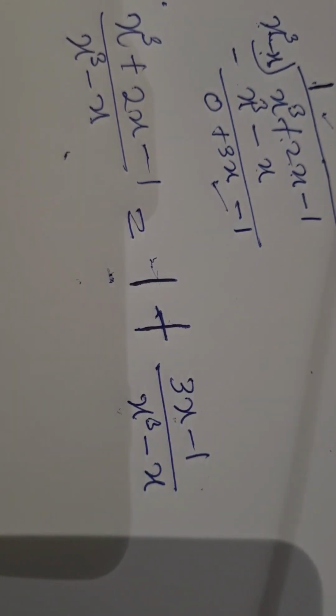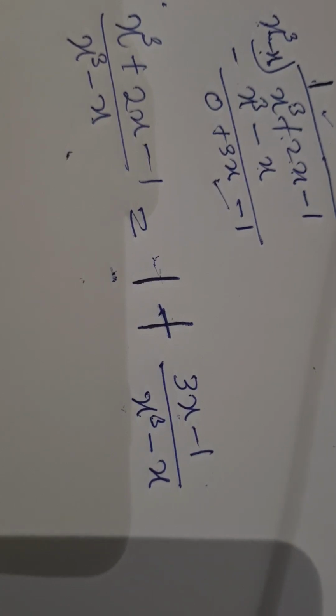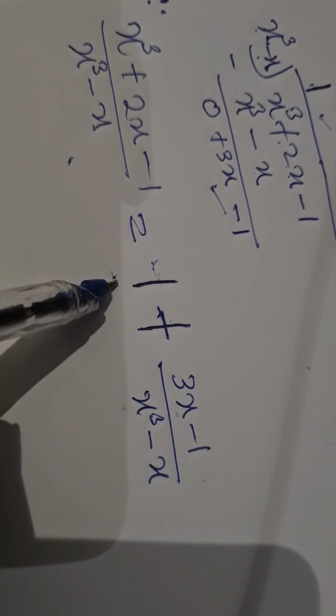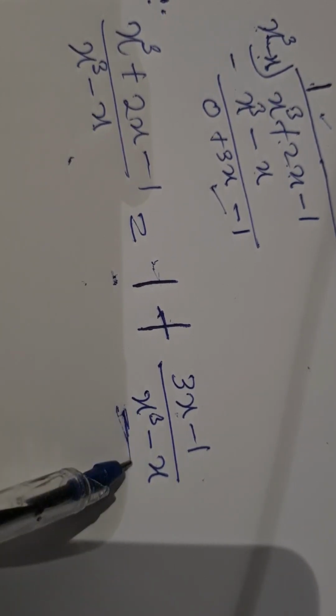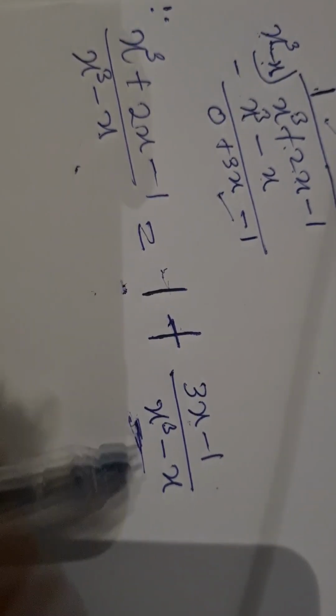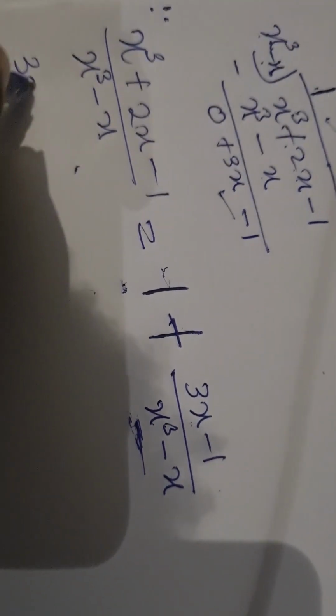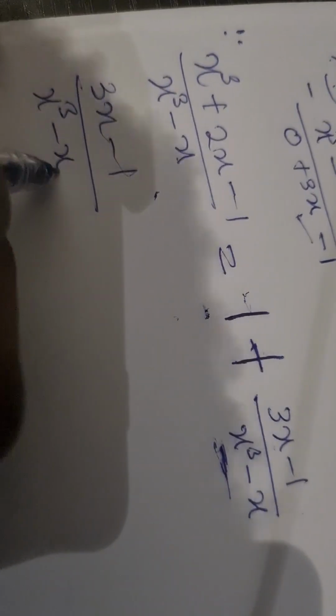So the next step here is we are going to ignore the 1 for now and work with this. We'll resolve this into partial fractions first, then we add it to the 1, right? So if we are working with this, we now have 3x minus 1 over x cubed minus x.